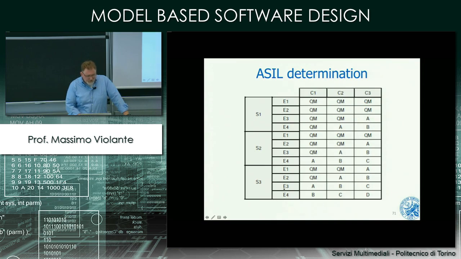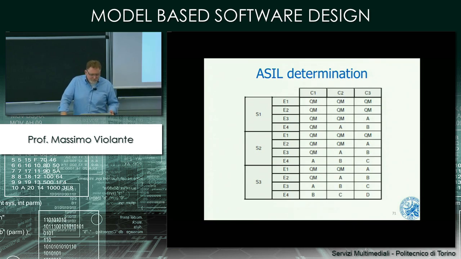Then if we go down to the extreme scenario, S3, somebody dies here. E4, highly probable, uncontrollable, D. Think about unintended acceleration. This is something that could happen when the chain of events that we have seen happens.